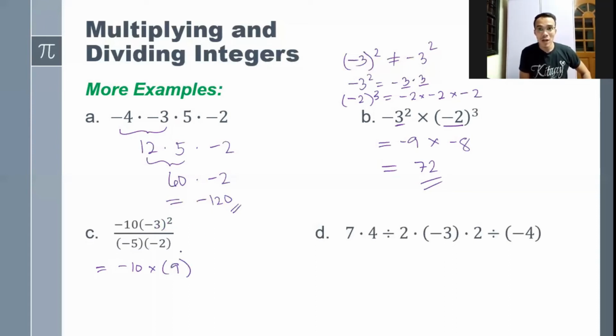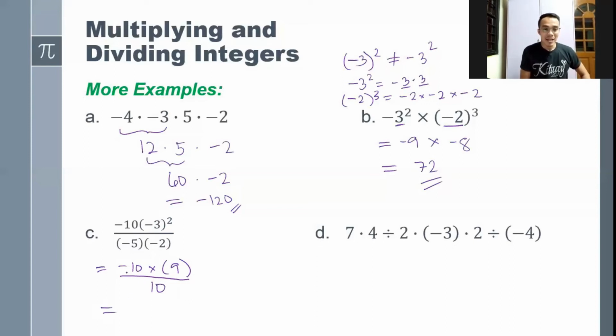So before I proceed, take note of this. When the base is negative and the exponent is an even number, the result is always positive. We have here all over negative 5 times negative 2 is positive 10.